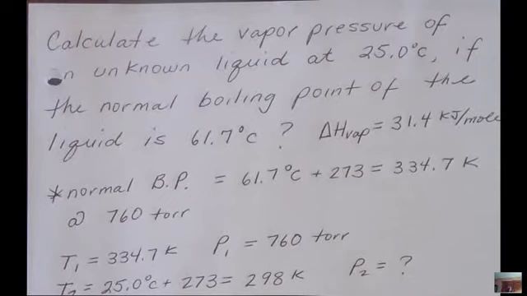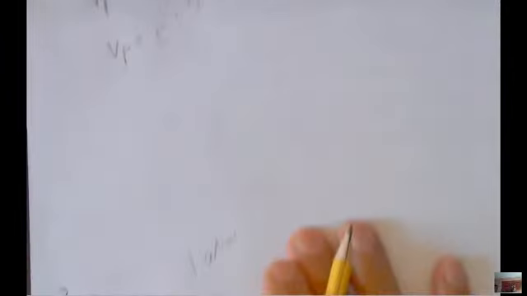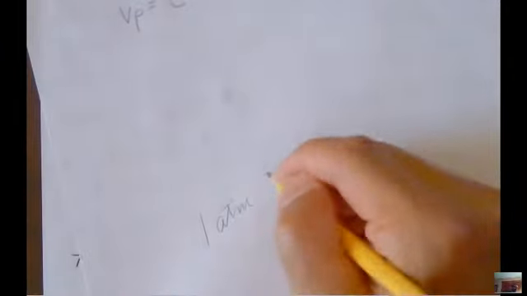Well, if somebody gives you the normal boiling point, the pressure that the normal boiling point is always associated with is 1 atmosphere, or if you're doing it in torr, 760 torr.